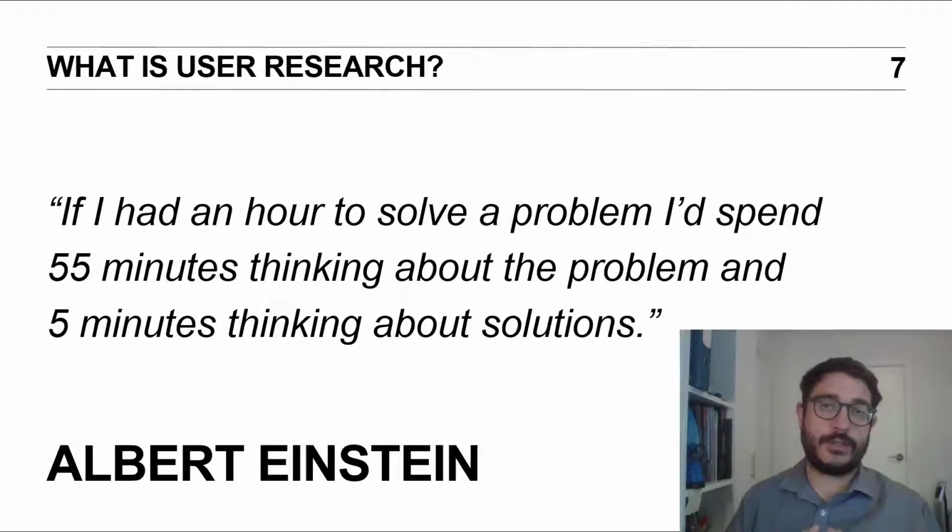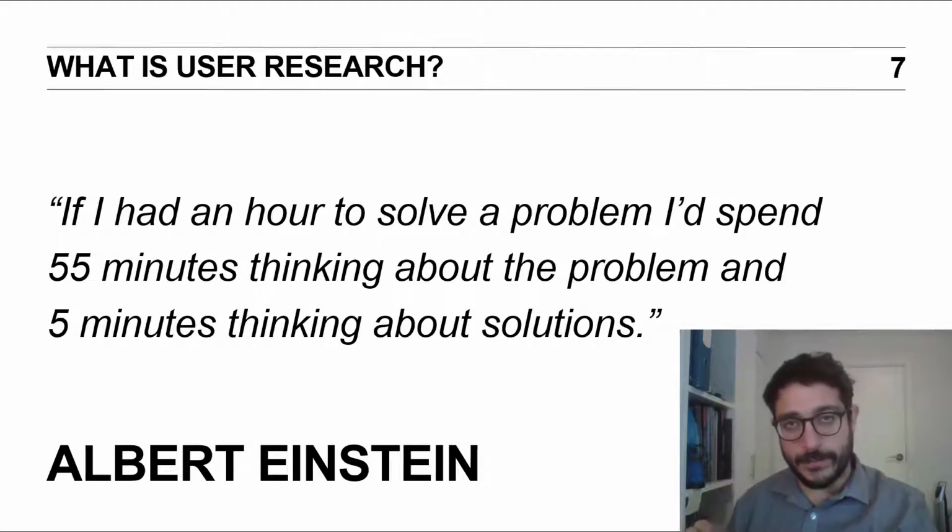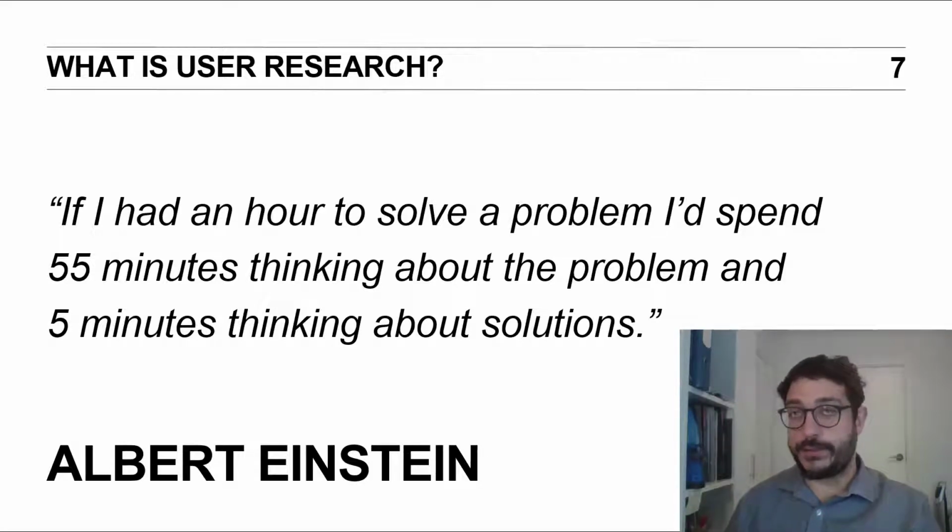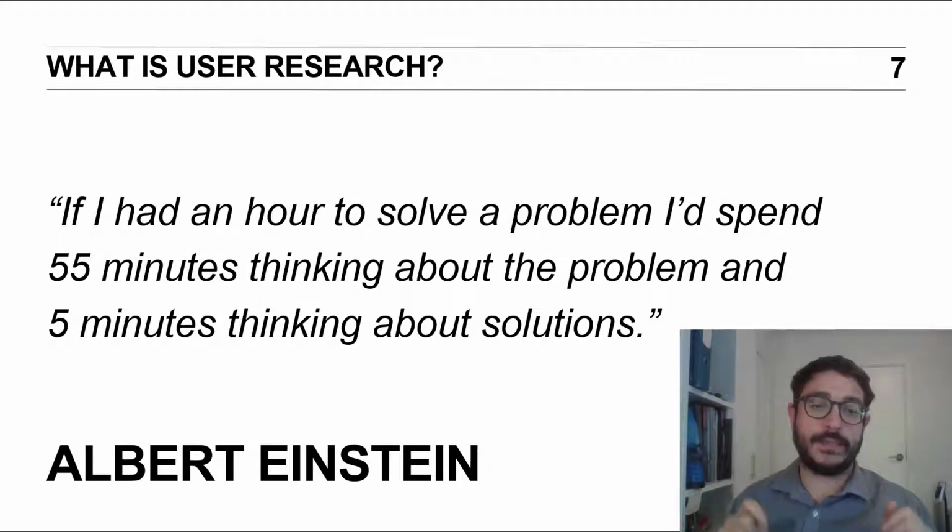Because if you do the opposite, if you spend 5 minutes thinking about the problem and 55 minutes trying to solve that problem, by the time you finish, you're probably going to realize that your solution only solved one little part of that problem. There are so many things that you did not think about.